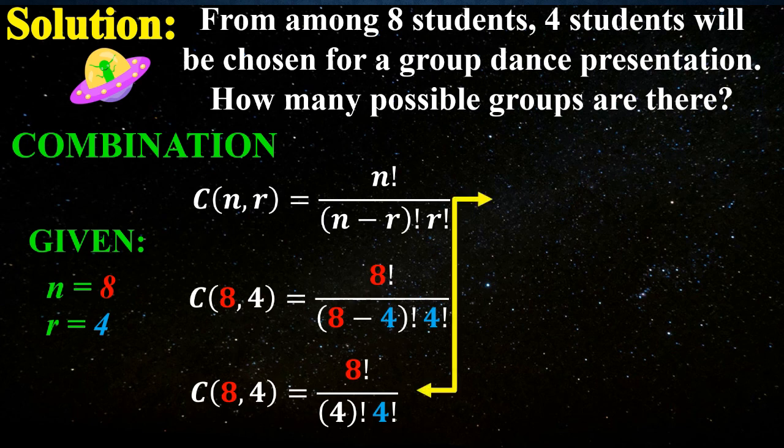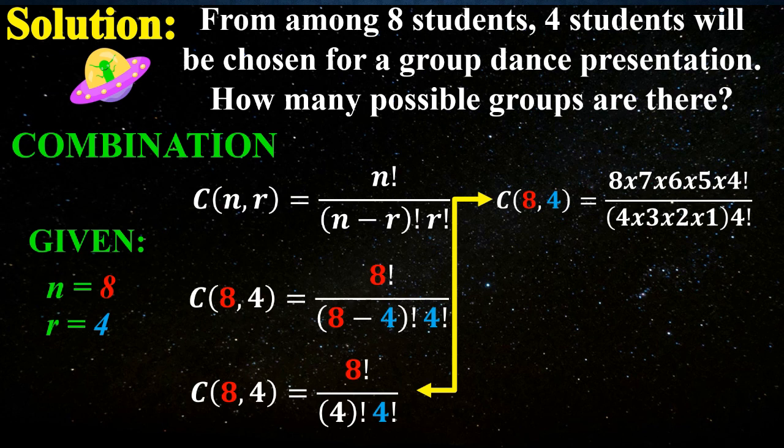Expand 8 factorial up to 4 factorial. And then, since we have 4 factorial in the denominator, we are going to expand 4 factorial. So, 4 factorial is 4 times 3 times 2 times 1. Then, we can now divide 4 factorial by 4 factorial. And we can also divide 8 and 4. So, that is 2. Then, we have 6 and 3.